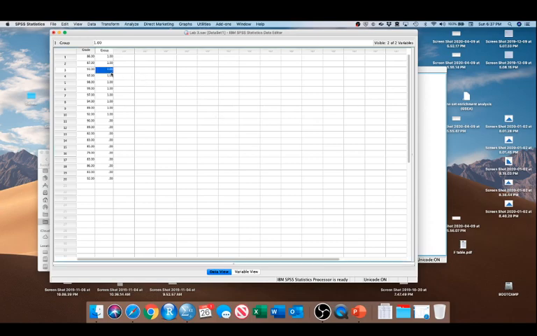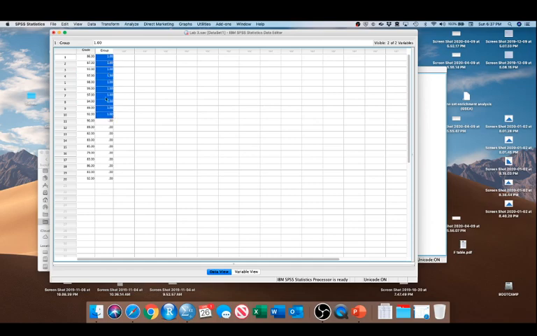And so what I did was I input that data that we talked about in lecture into SPSS. So we have each row, right, is a student, and they were assigned into two different groups.